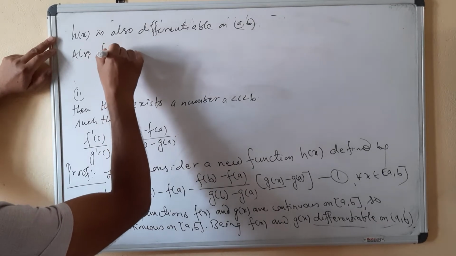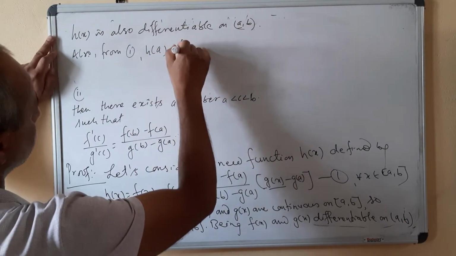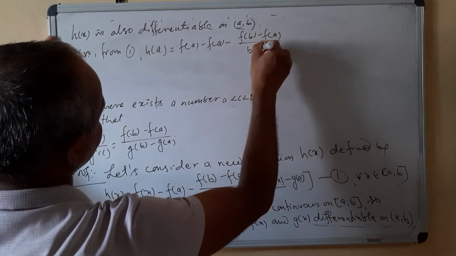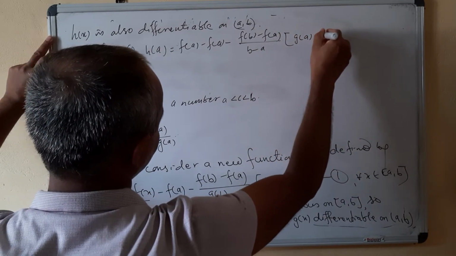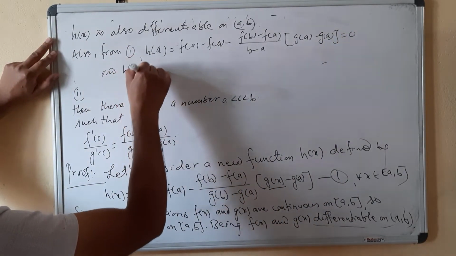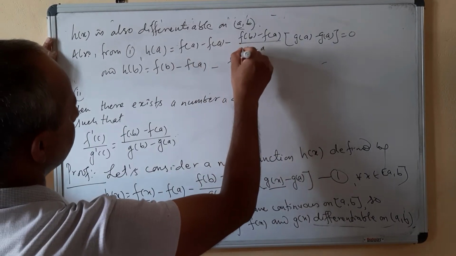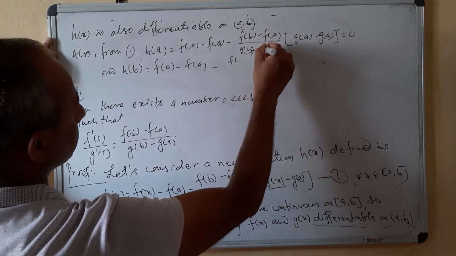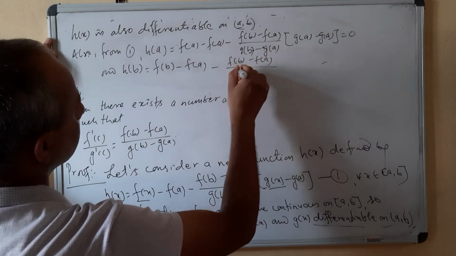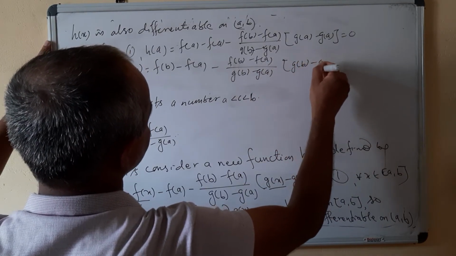From 1, h(a) equals f(a) minus f(a) minus (f(b) minus f(a)) divided by (b minus a) times (g(a) minus g(a)), which equals 0, and h(b) equals f(b) minus f(a) minus (f(b) minus f(a)) upon (g(b) minus g(a)) times (g(b) minus g(a)).